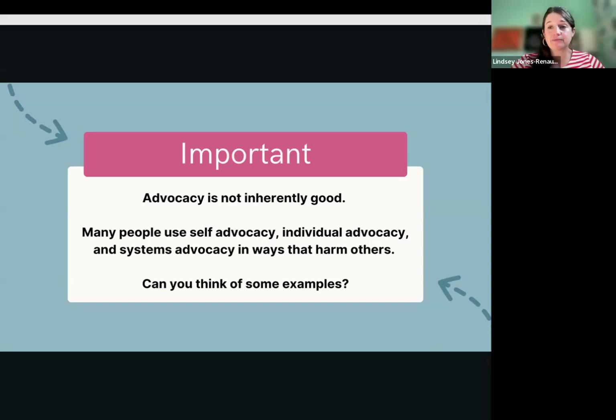Yeah, so if you think about all the corporations, the oil companies, that are advocating for tax cuts, even as they are putting more carbon dioxide into the environment. These corporations are doing advocacy, and they are doing advocacy for harm. Yeah, that's a great example.